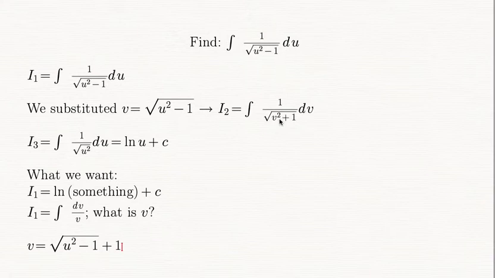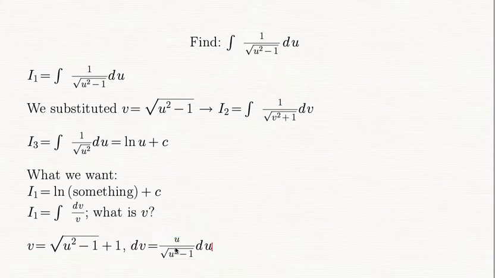The problem we are talking about is that once we made that substitution, v equal to square root of u squared minus 1, I2 was in terms of v, but it still had the pesky square root and the plus 1. Do we expect that problem to go away here? Well, not really, because 1 is a constant. So dv still remains the same. dv is nothing but u by square root of u squared minus 1 du.